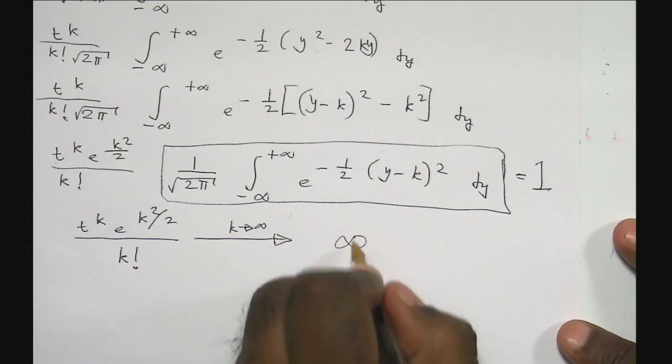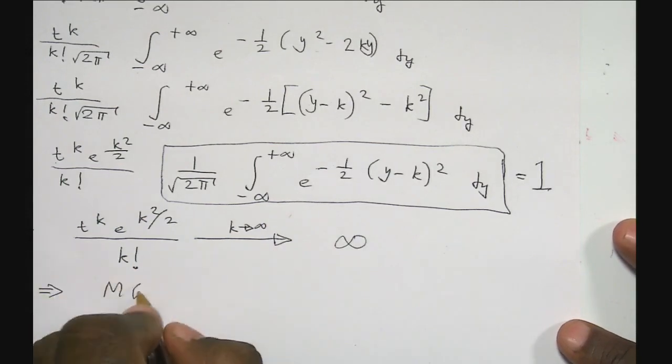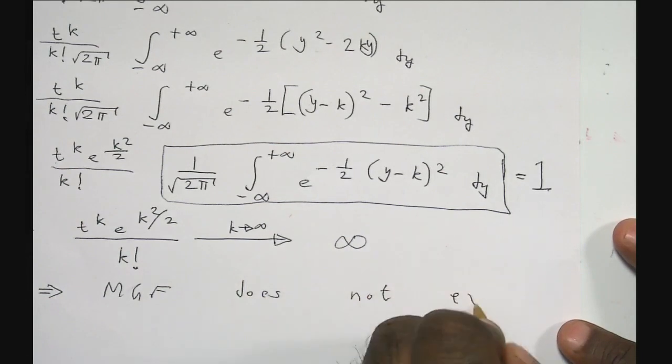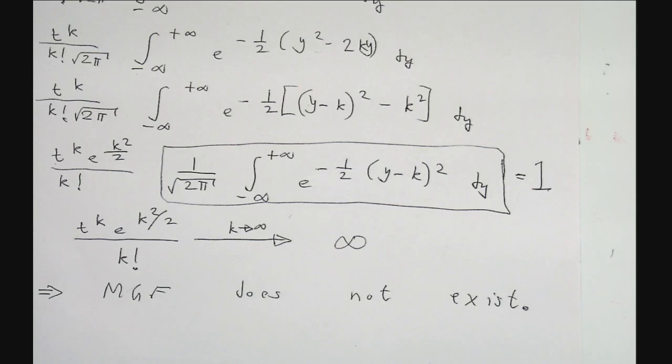This will go to infinity, and therefore the MGF does not exist. Is that clear, guys?